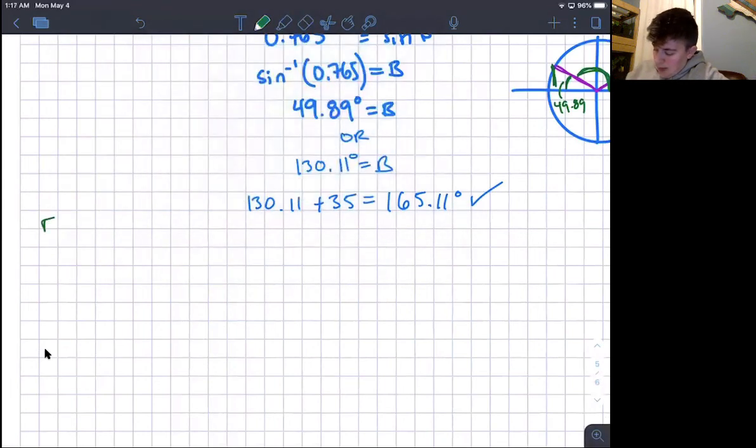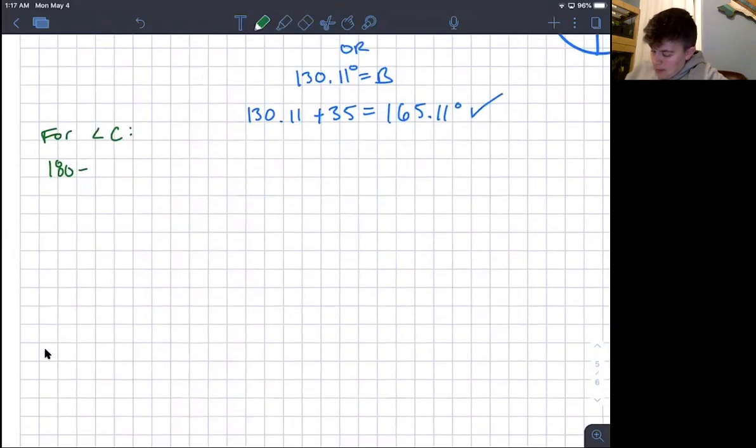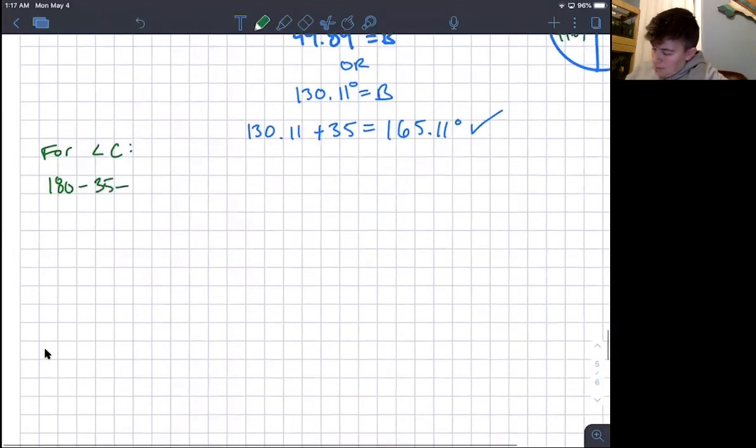So for angle C, I have 180 minus angle A was 35, minus 35. Let's use the first one right here.